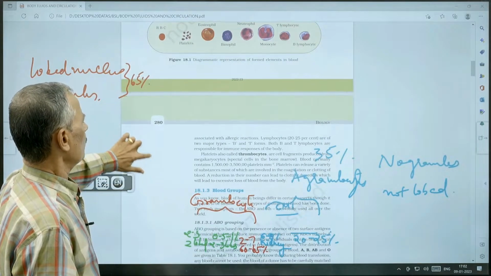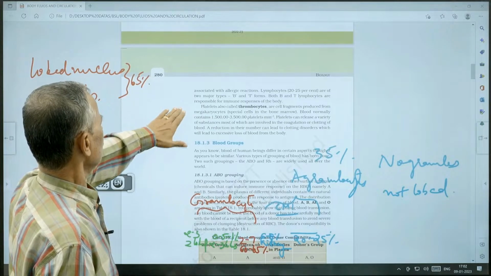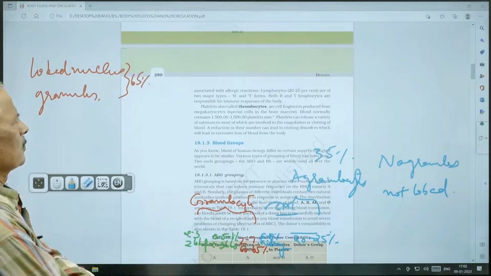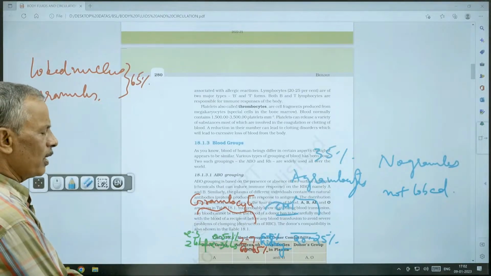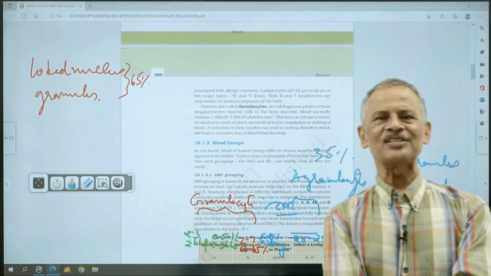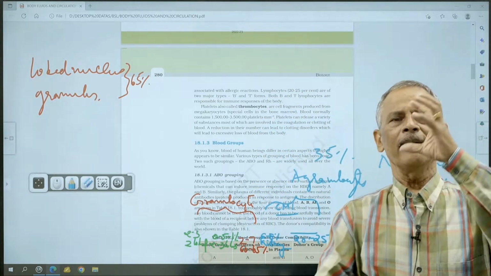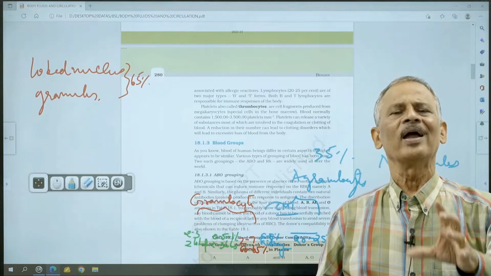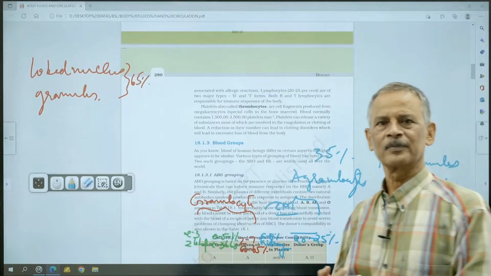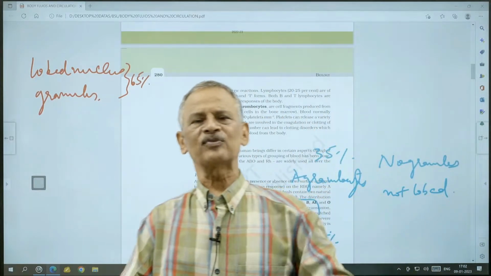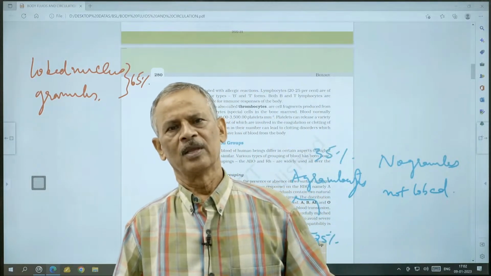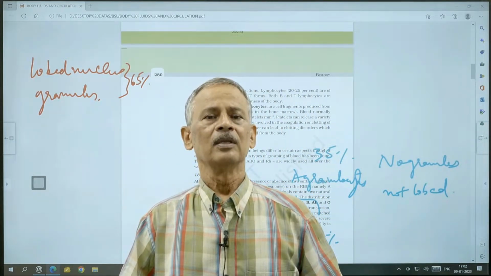Now, coming to the blood groups. People are classified into different categories based upon a presence or absence of antigens on the surface of RBC. There are two types of antigens, antigen A, antigen B. Some people will be having only one type.